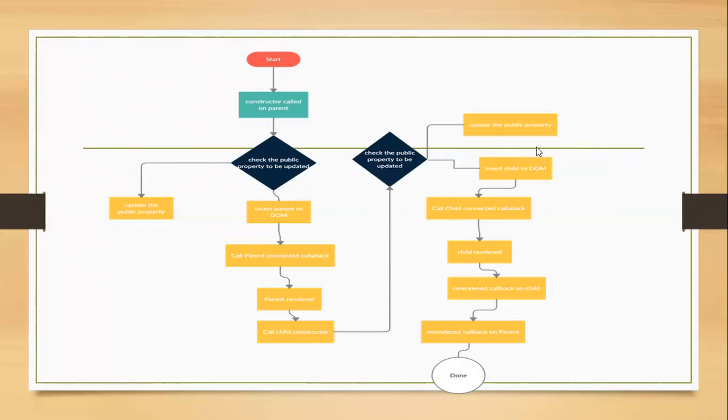Next, update the public property, insert the child into the DOM, call the child's connectedCallback, child renderedCallback, then the child renders, and the renderedCallback on the parent, and done.